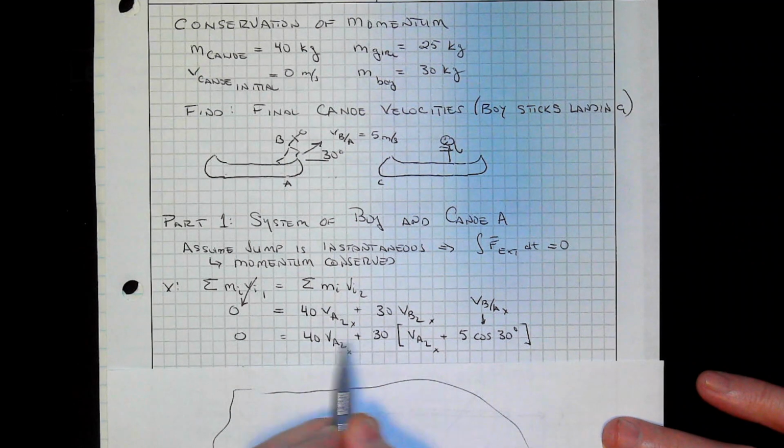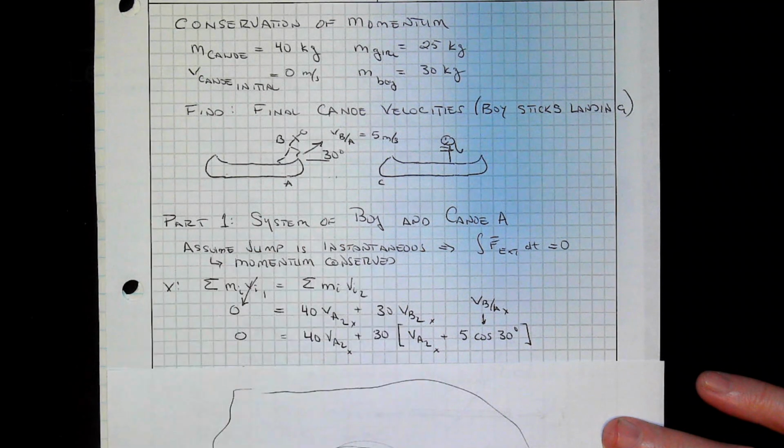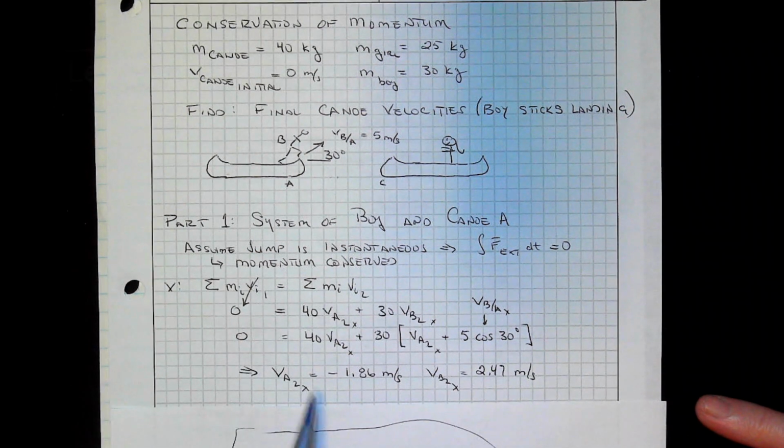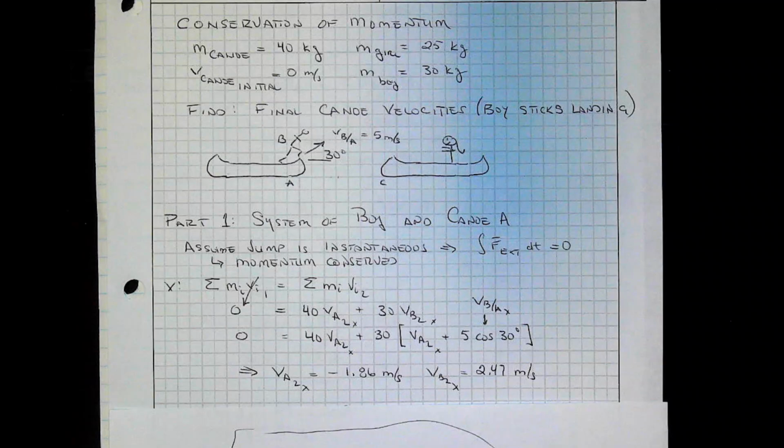So, I have now one unknown. Here's 5 cos 30, so that would be the x component of this. So we can solve, and that's going to give us the velocity of the canoe going that way, which makes a lot of sense for us.